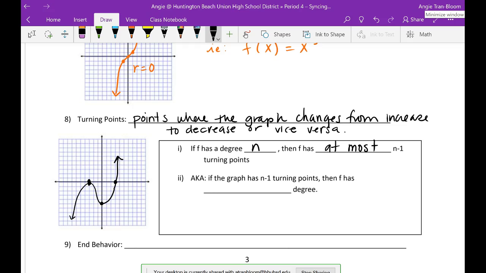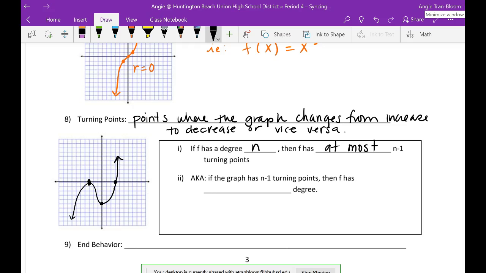How about the other way around, the converse? If the graph has n minus 1 turning points, let's say you know the equation has 4 turning points, what is the degree that it may have? 5. It's backwards, right? Would you agree? So if you know it's 4 turning points, then you can go backwards.